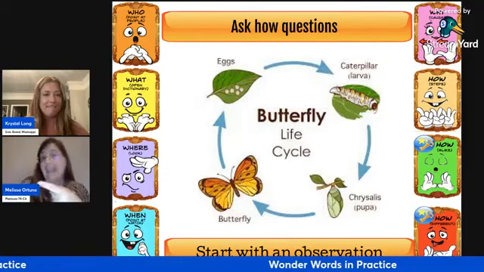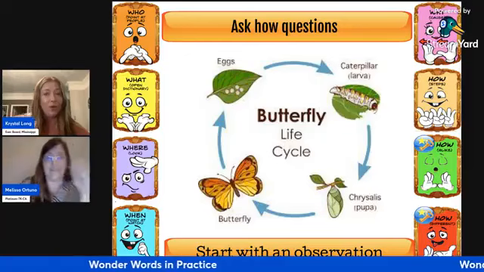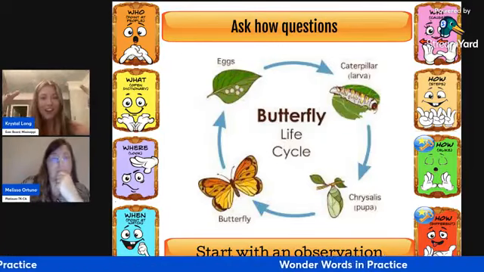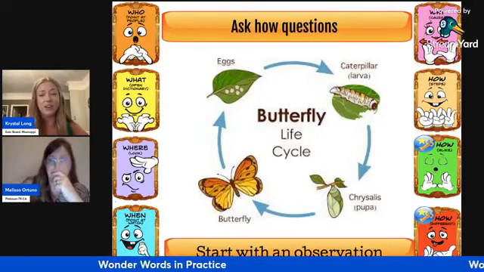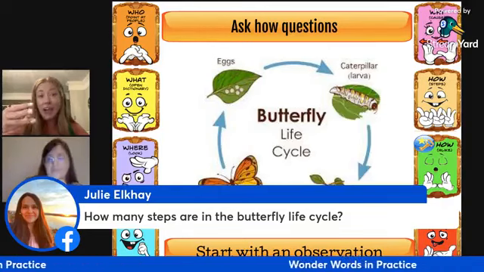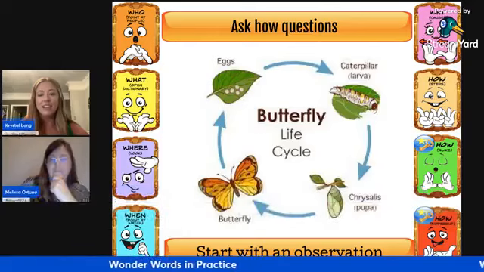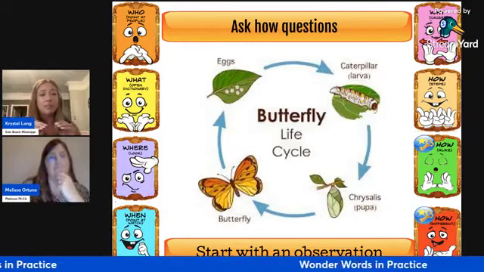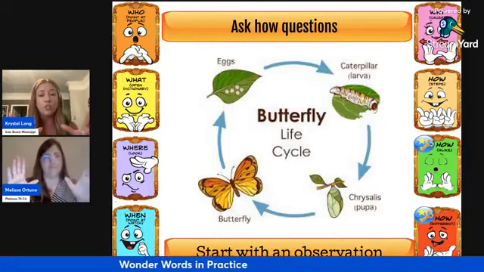How long does it take to get from the eggs to the caterpillar, to get to the different steps? How long does each step take? That was a great question. I love that one. Julie said, how many steps are in the butterfly life cycle? Very nice. All right, so what we're doing is we really want to help our students in this beginning stage to define what those questions are.